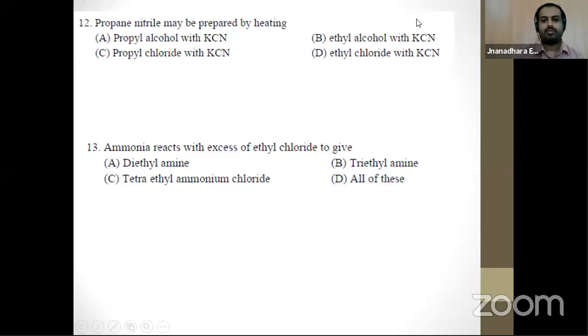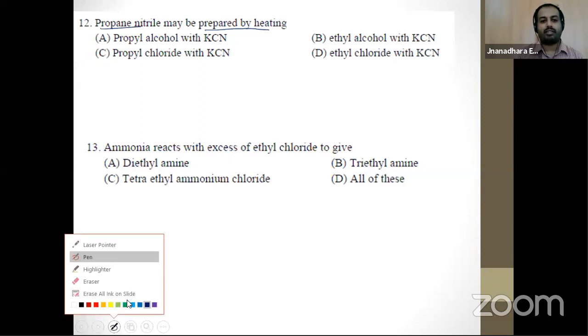Right. Now, question number 12. Propane nitrile may be prepared by heating which of these? First of all, you should correctly figure out what is propane nitrile. If you don't figure that out, then you're in trouble.